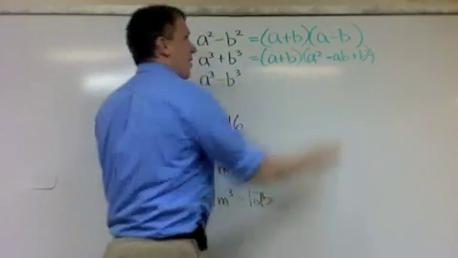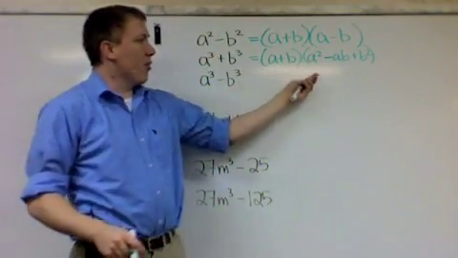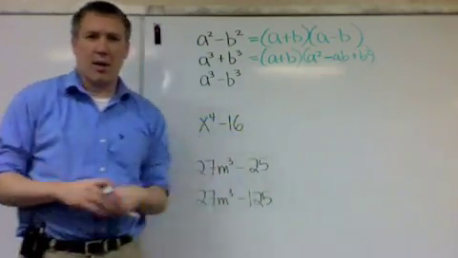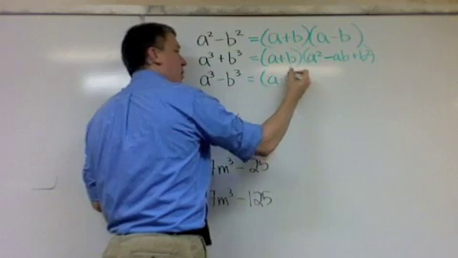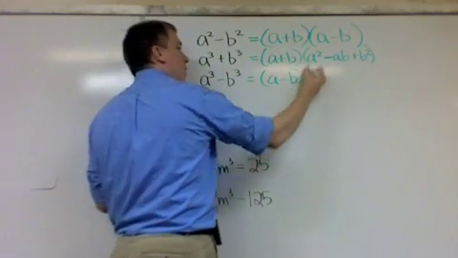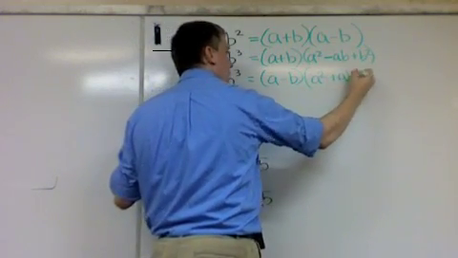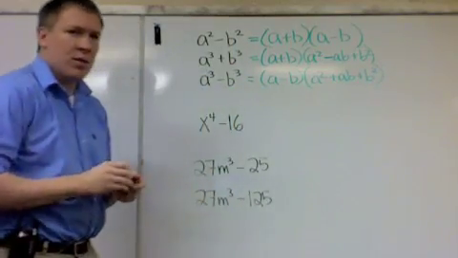That should be a minus. So a plus b, and then the other parentheses is a squared minus ab plus b squared. We'll use this again later. And the other one is like it, except instead of a plus b, it's going to be a minus b, and instead of minus a times b, it's plus a times b. Again, we'll see this later.